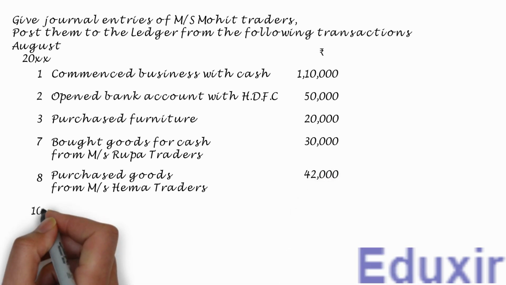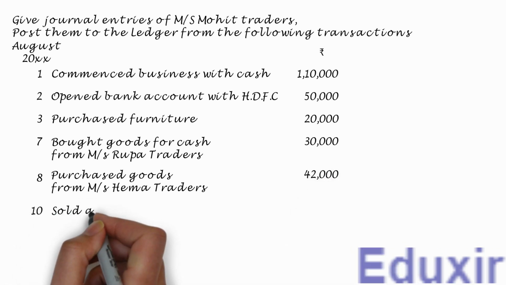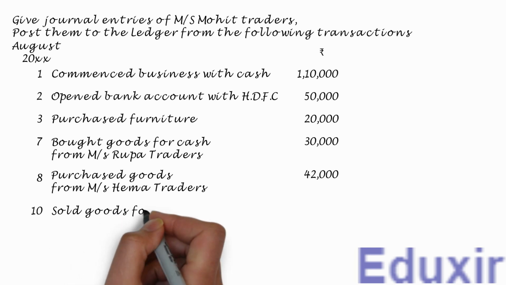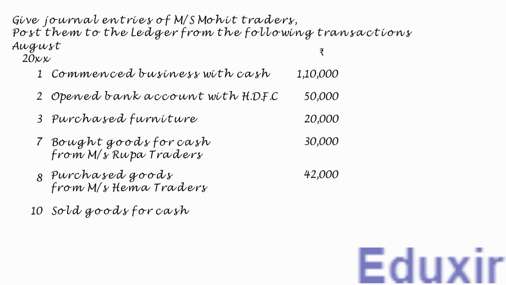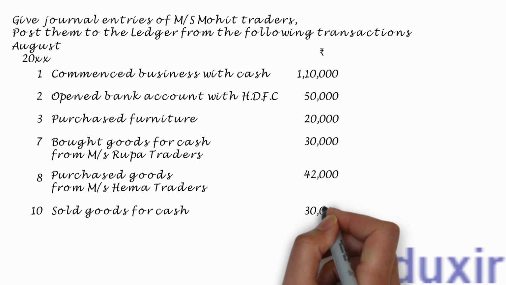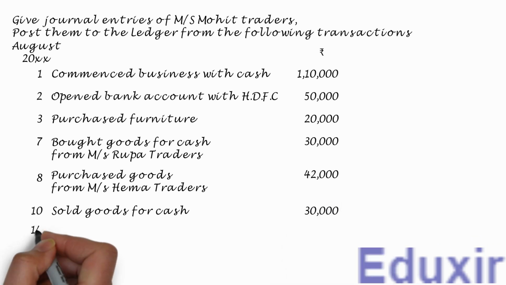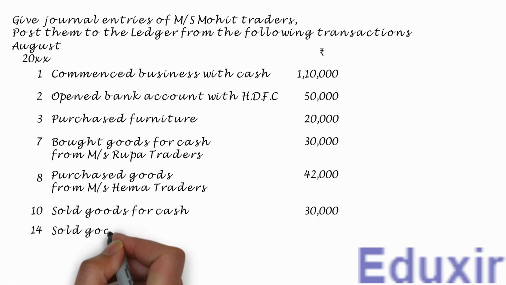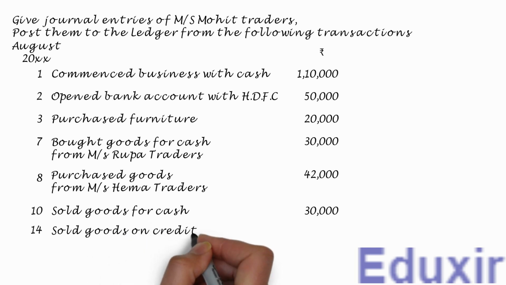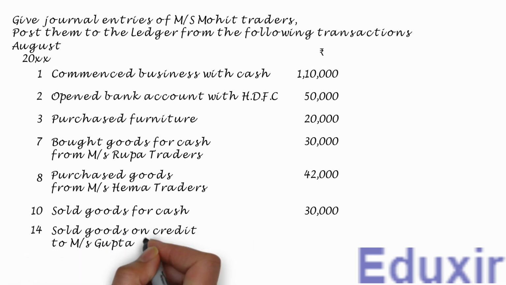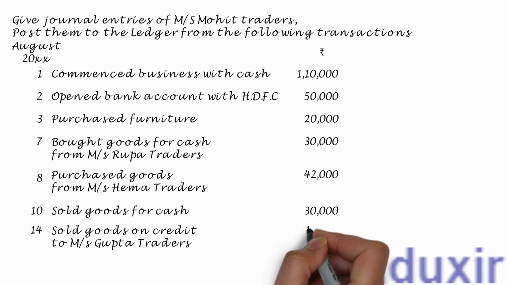On 10th August, sold goods for cash 30,000 rupees. On 14th August, sold goods on credit to Messrs. Gupta Traders 12,000 rupees.